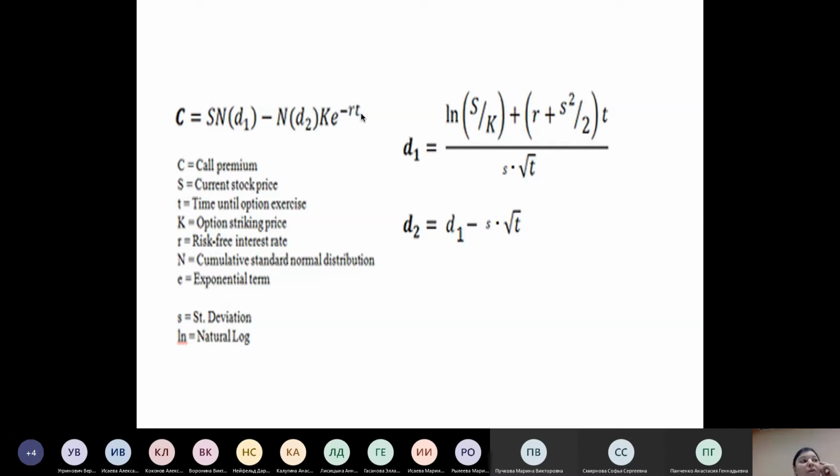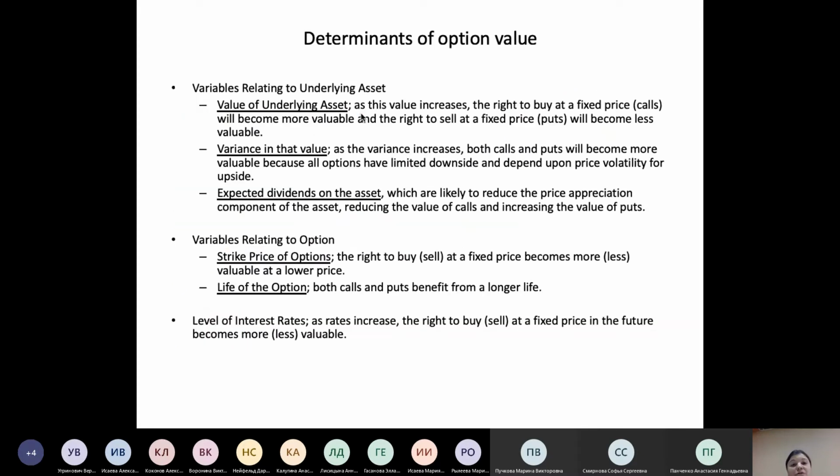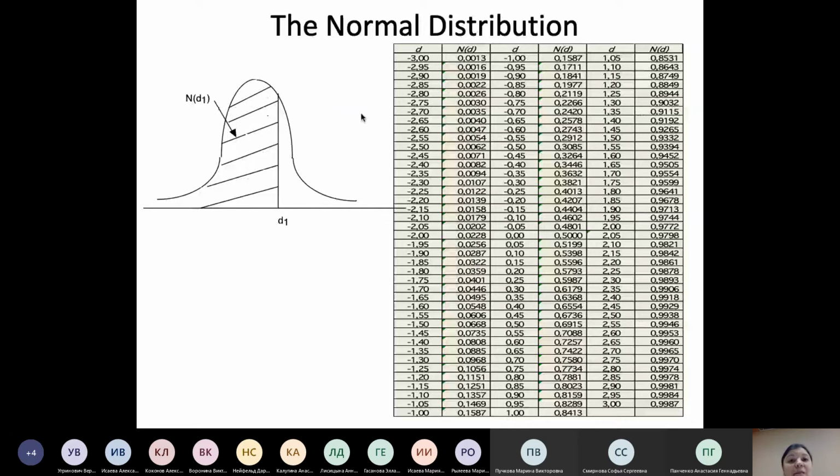As for our D the first and D the second, they can be presented as parameters, as coefficients, and the meaning of the cumulative standard normal distribution on D the first and D the second you can find in a special financial table, the table of normal distribution.